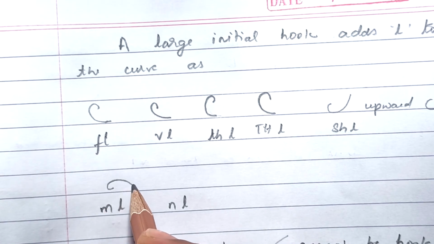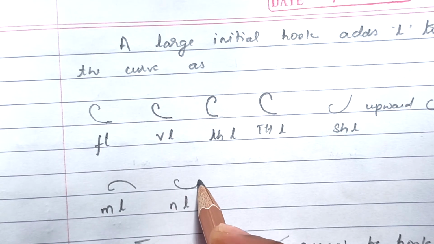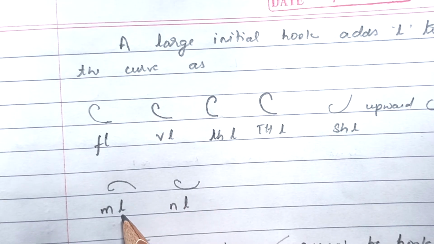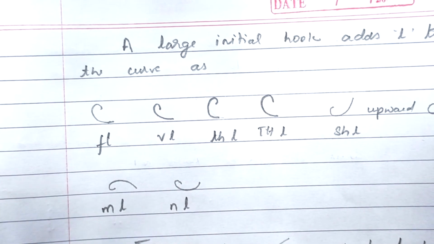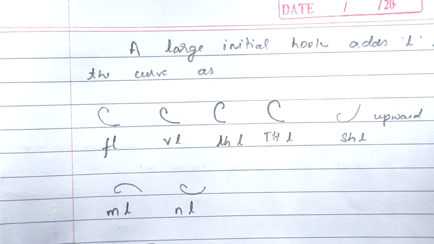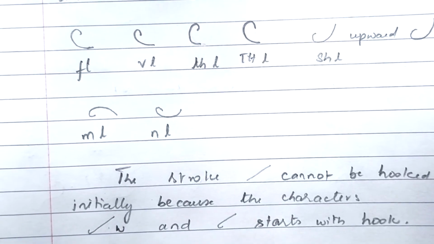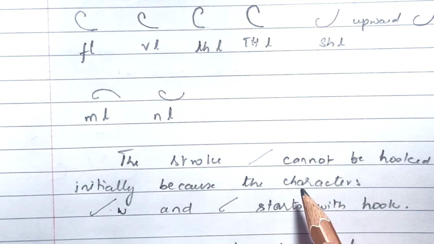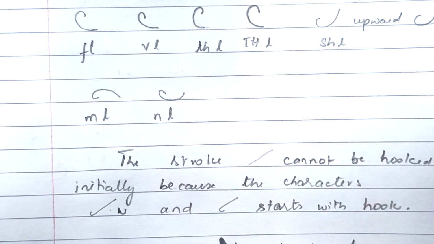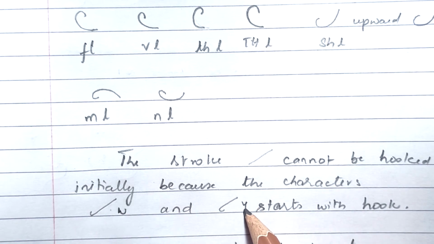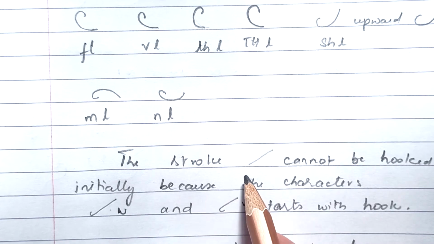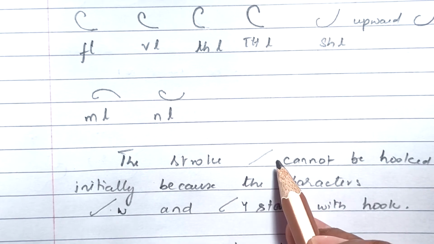So M L and N L. This is how you can add L to the horizontal curve, M L and N L. And also we cannot add this hook to the consonant R, since we already have a character way with the hook, and R with the initial hook. Hence, we cannot add a hook to the consonant R.